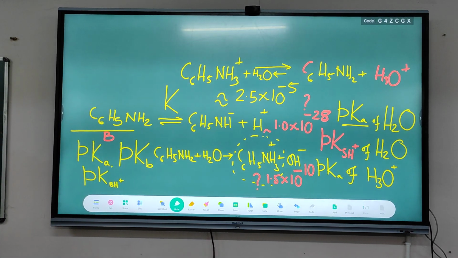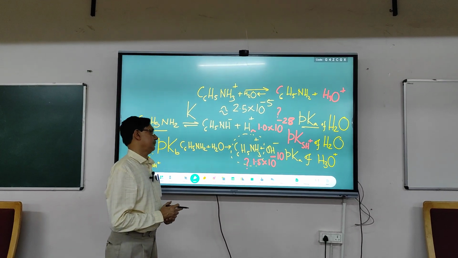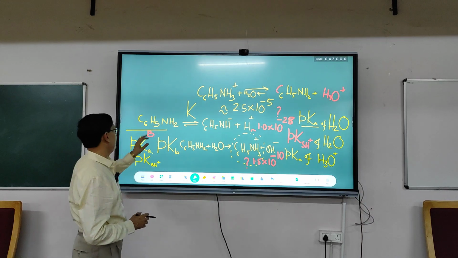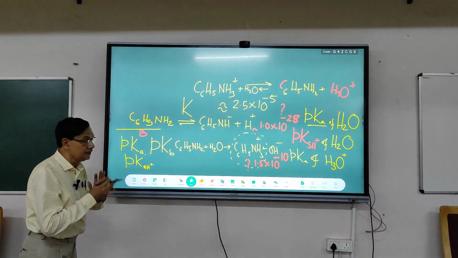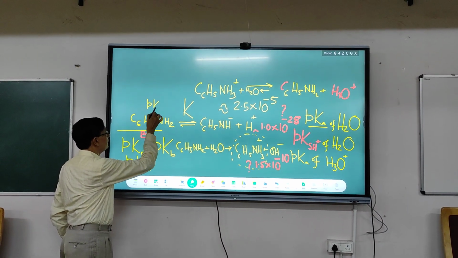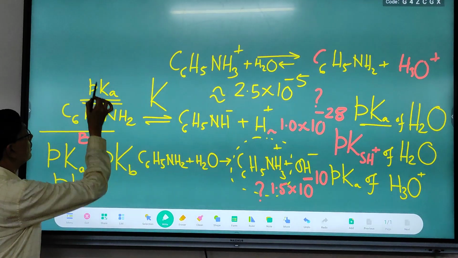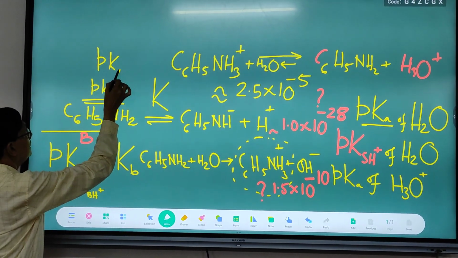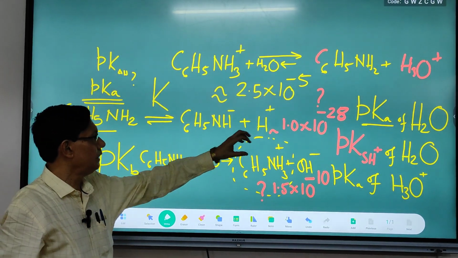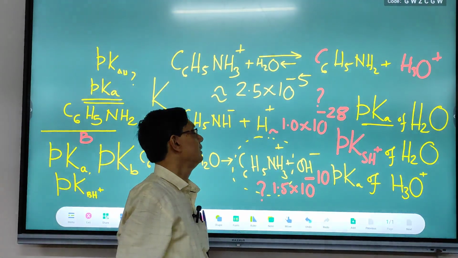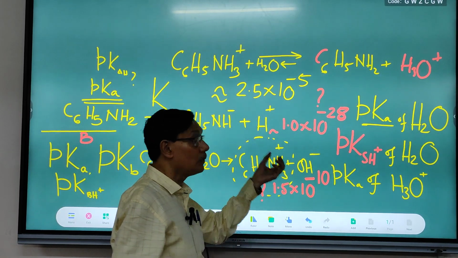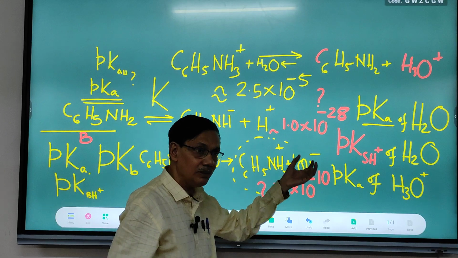That means you all know precision and accuracy and the use of the instrument. So same thing, here I have taken simple aniline. I can write it is the proton donating capacity of the aniline, the pKa, or sometimes pKa, same thing. But the value is very, very low, and it is very difficult to measure this ionization constant accurately, because it is 1 into 10 to the power minus 28.